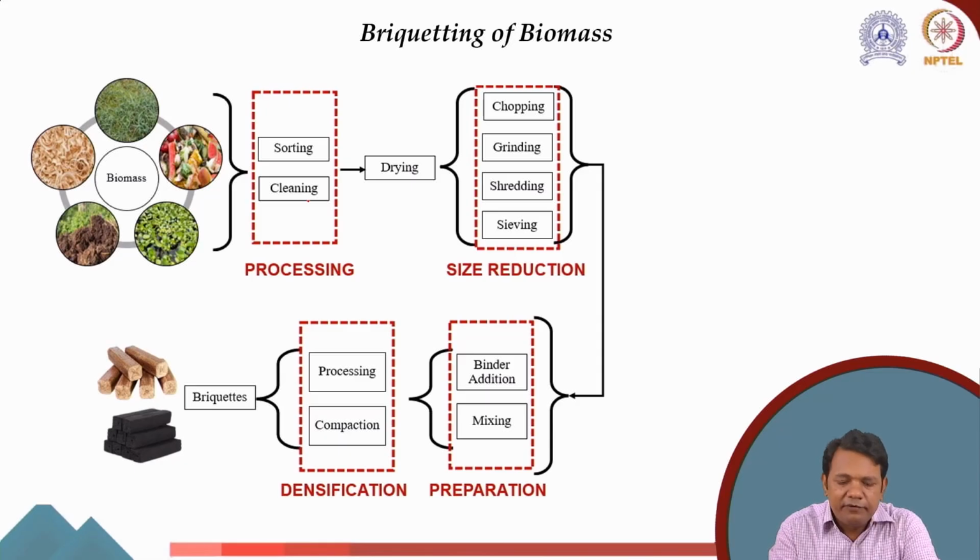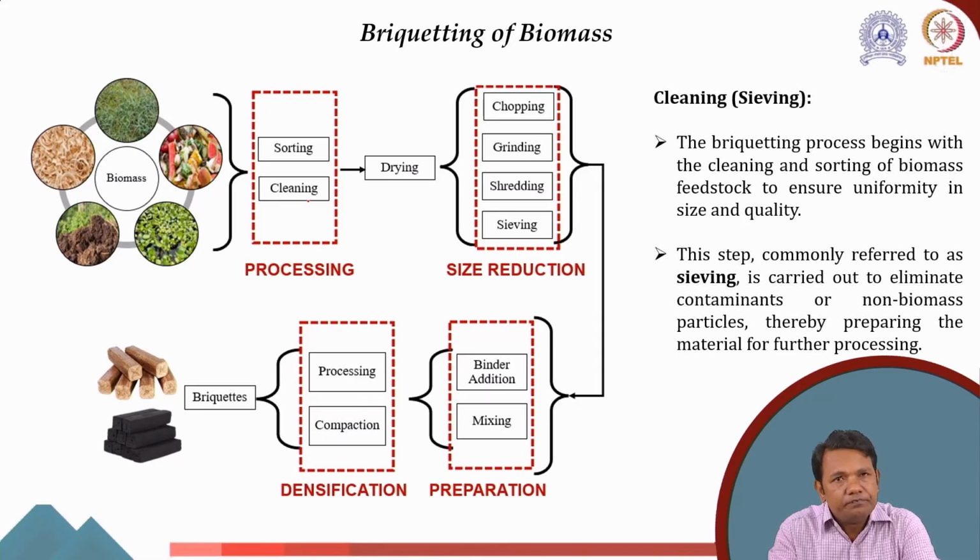So the first step we do is sorting and cleaning. If we have to remove the dust, we can sieve it. So one way is sieving for the cleaning. Rather, the briquetting process begins with the sieving or cleaning of the biomass.